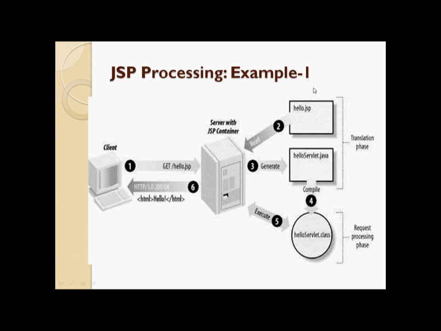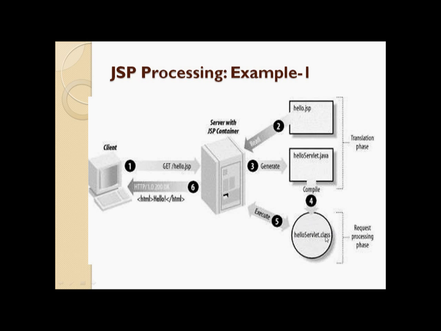This complete thing is known as the translation phase. The translation phase involves three things: receiving the file from the JSP container, converting the JSP file into a servlet file, and compiling it and converting it into the class file. Here you can see the hello servlet dot class file.